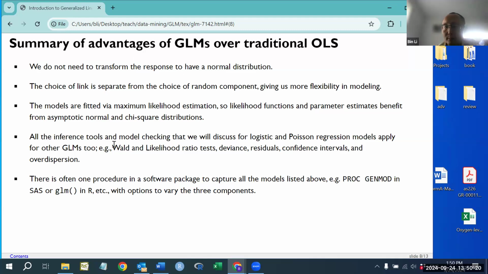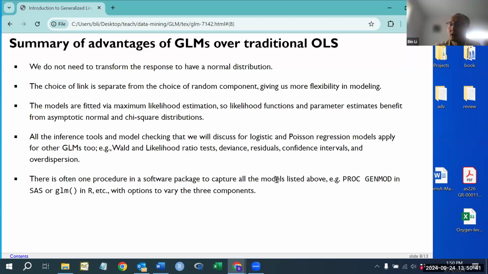We will see some examples using the Wald test and likelihood ratio test to test the models and to compare the models.